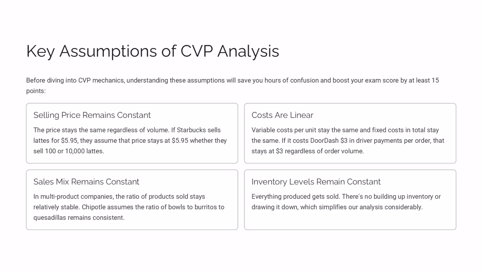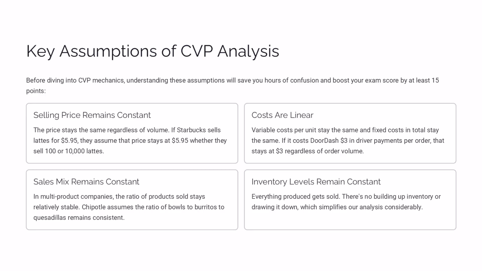The first assumption, and this is where about 70% of students mess up on exams because they try to get too fancy, is that selling price remains constant regardless of volume, which means if Starbucks is selling their venti lattes for $5.95, they're assuming that price stays at $5.95, whether they sell 100 lattes or 10,000 lattes that day.